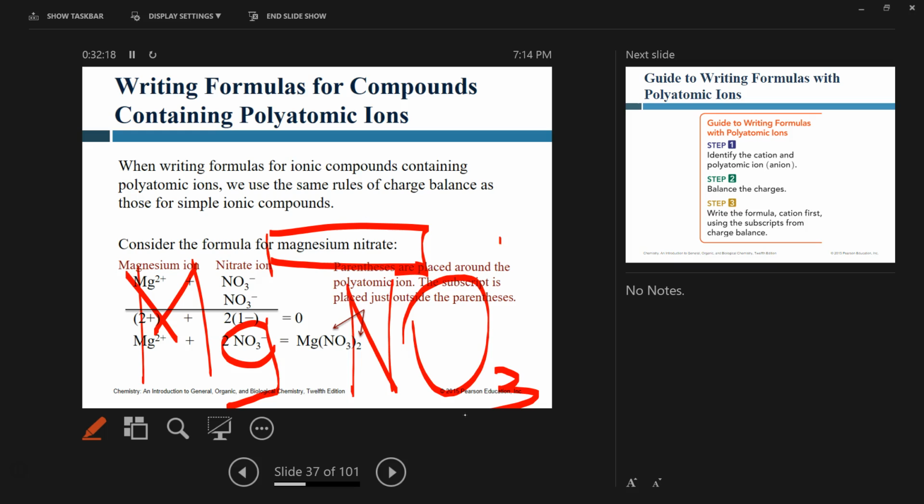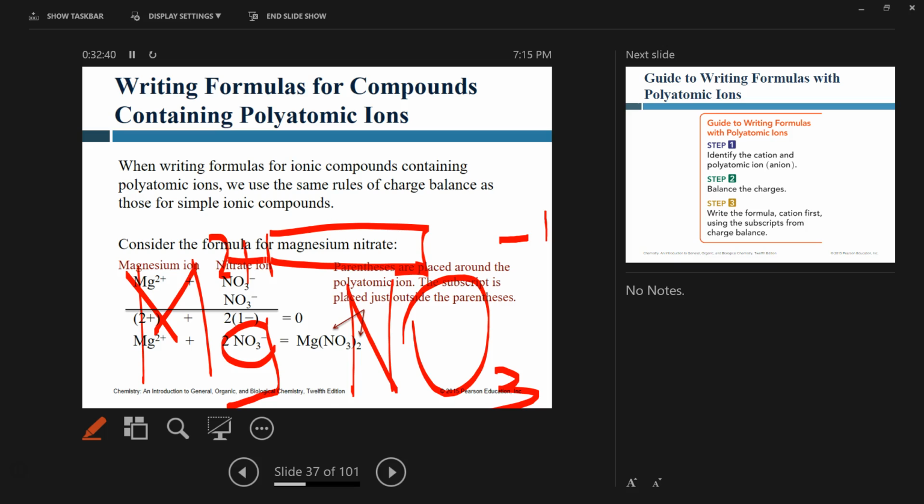So we're going to put somewhere here, -1. What's the charge of magnesium? It's an element of group 2A, always 2 plus. So, how many NO3 anions do we need to have in this formula? 2.